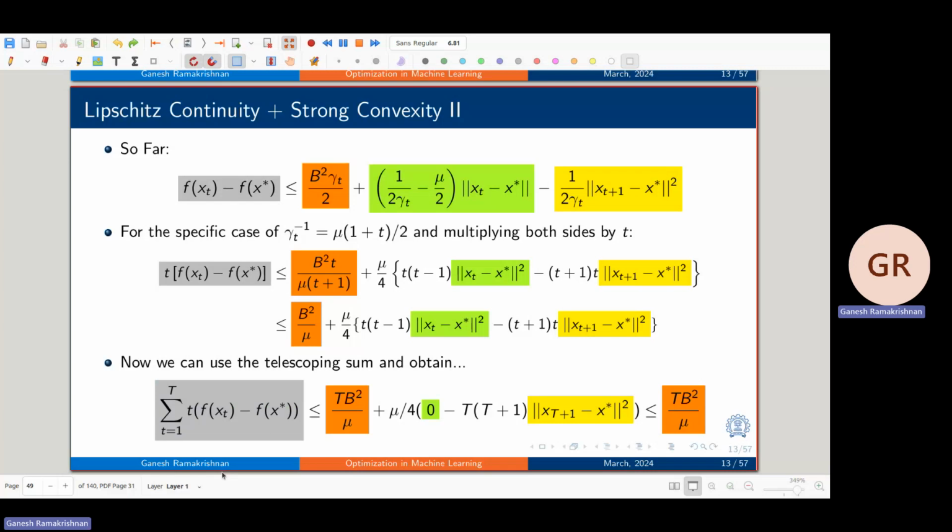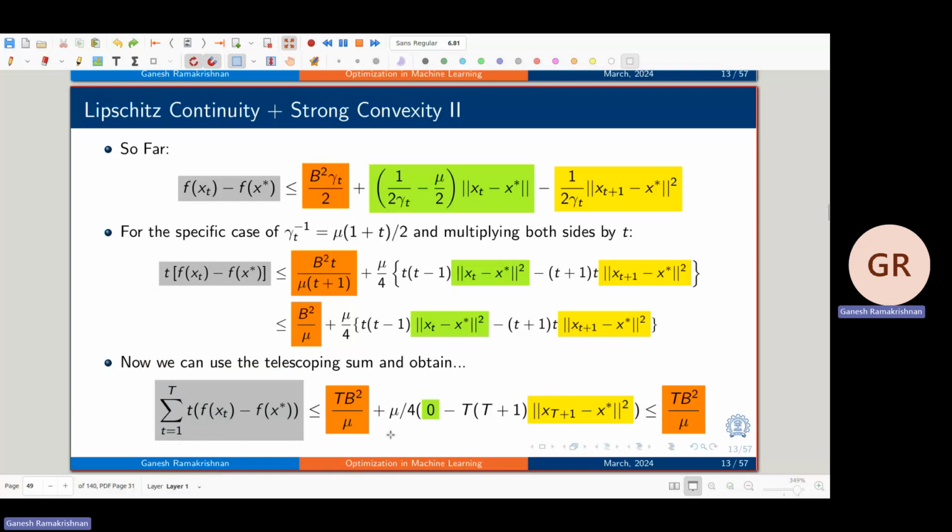So this left hand side, right? This left hand side is greater than equal to f of x capital T minus x star, summed t times. So that will get us a t here. Or a small t itself, summation t equals 1 to capital T, t into t plus 1 by 2.